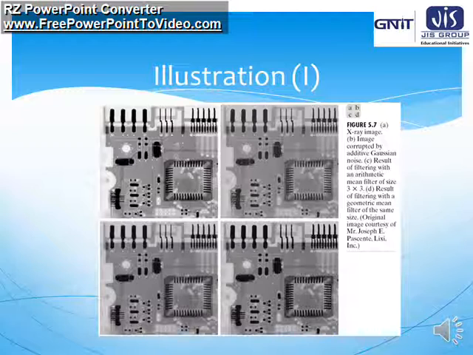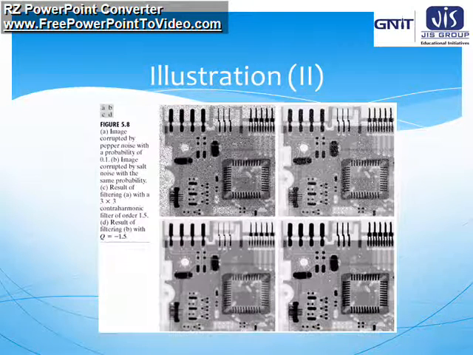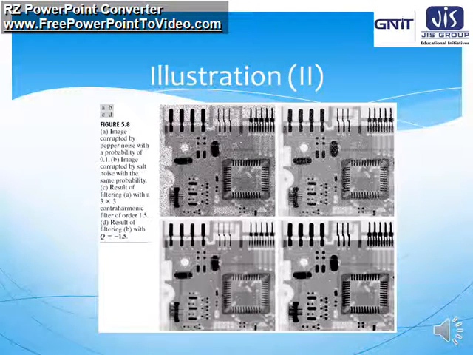Now if we move forward to the next slide, this is another illustration, so it can be considered as an example too. Here also some corrupted images have been taken and some filtering techniques have been applied, and we can see the quality of the third and fourth images is quite better than the first and second ones.